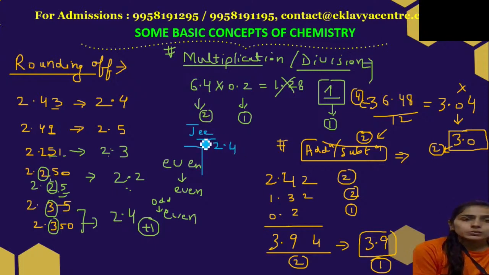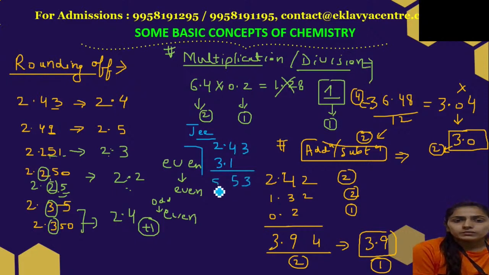Suppose I ask you 2.43 plus 3.1. Tell me the answer. It will be 5.53. And the options given to you are, pick the right answer.